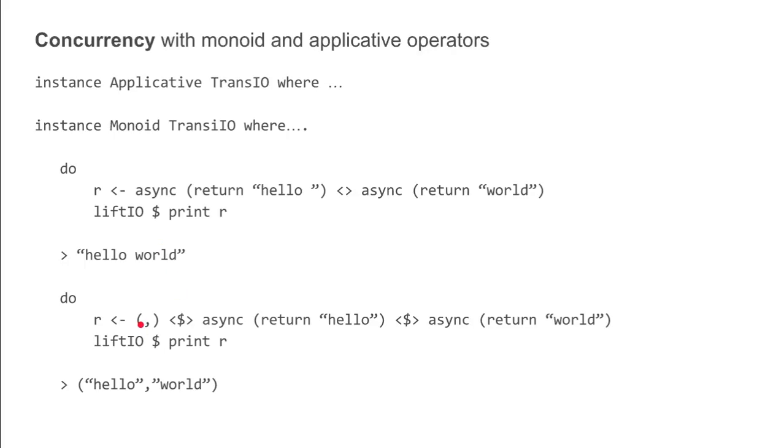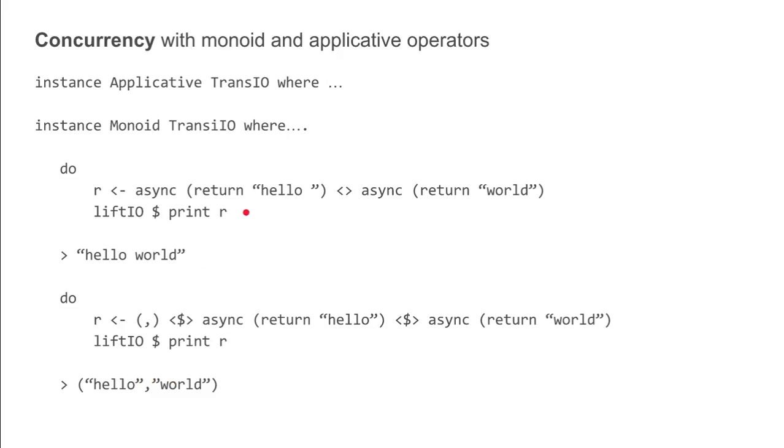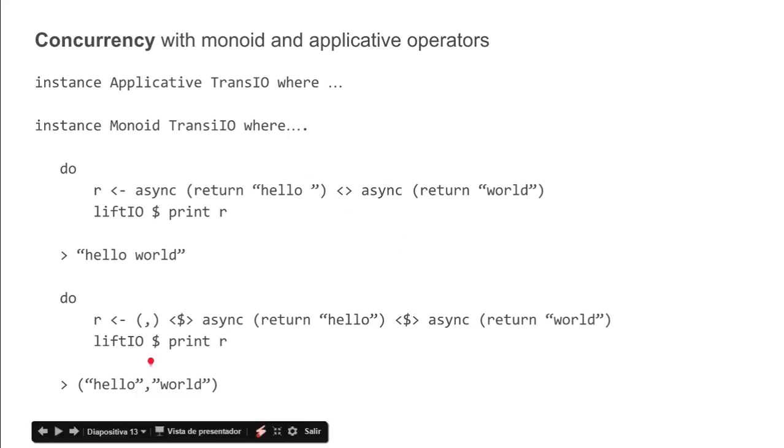And if we need some more freedom to compose, we can use applicative. So in this case, we can generate a tuple with two operands in the same way, this time generating this. You see that both operations wait one for the other until both are available and then execute the continuation.